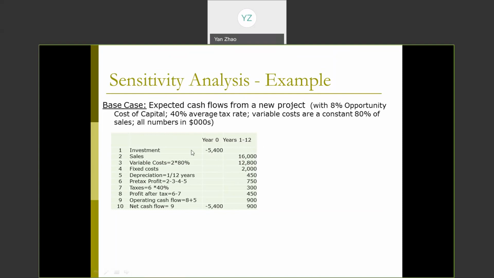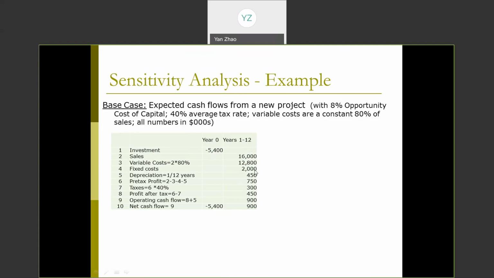Okay. Initially, we make an investment of $5,400. In the next 12 years, each year we expect the sales number to be $16,000. Variable cost, according to the question, is a constant 80% of sales. So 80% times the sales number, which is $12,800.